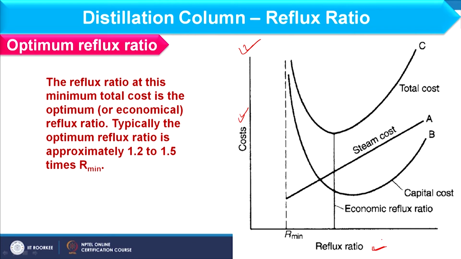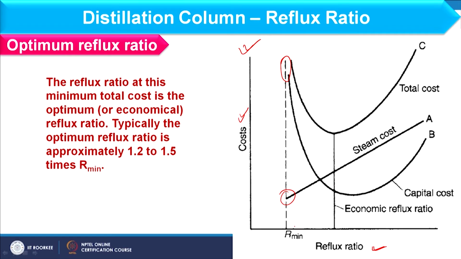At the minimum reflux ratio, we already discussed that capital investment will be infinite, but that capital investment will be in terms of the number of stages, not the cost of the reboiler and condenser. The number of stages will be so high that it will dominate over the cost of the reboiler and condenser. At minimum reflux ratio, the heat duty of reboiler and condenser will be minimum, and so we can say the operating cost will be minimum, and you can find this value where the steam cost should be minimum, right.